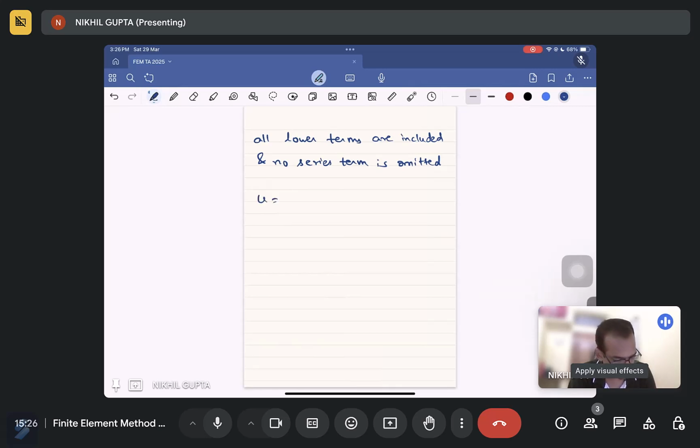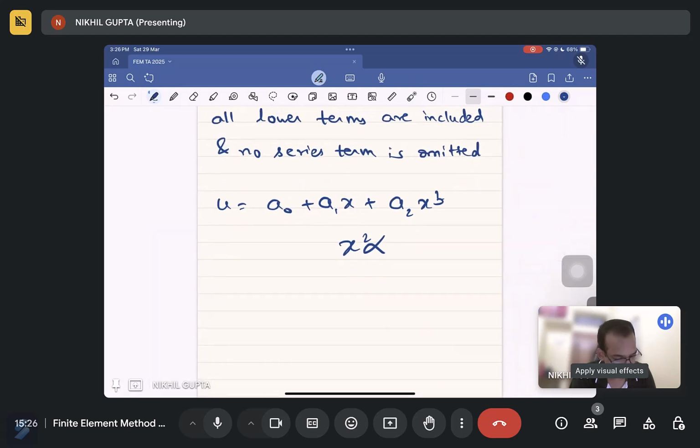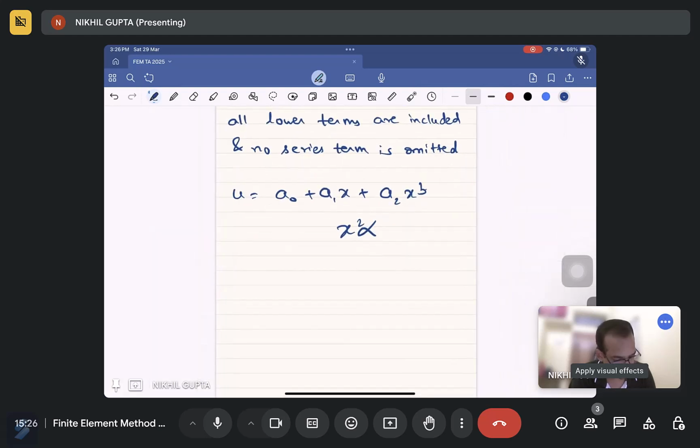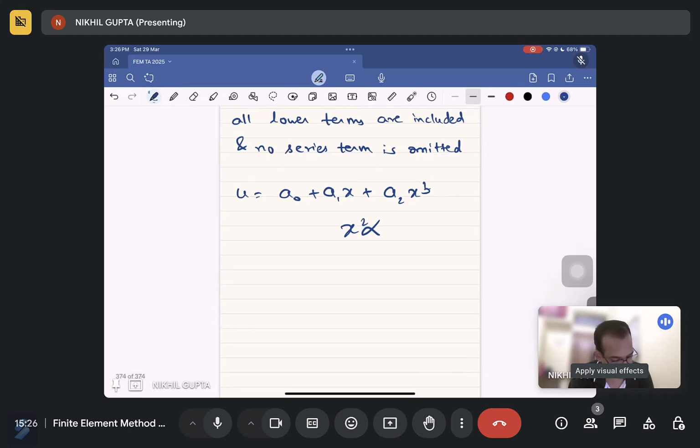So you can't take it like this: you take 1, x, and then directly x square, x cube. In this, the x square term is not there, so this is not complete. These things you have to take care of. Also the initial terms: maybe you start from a2 x square, a3 x cube.